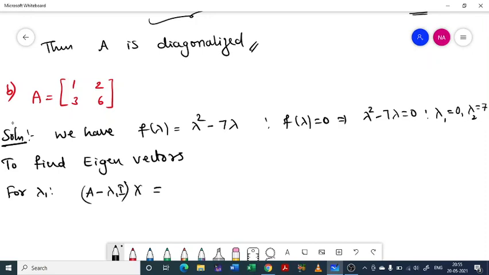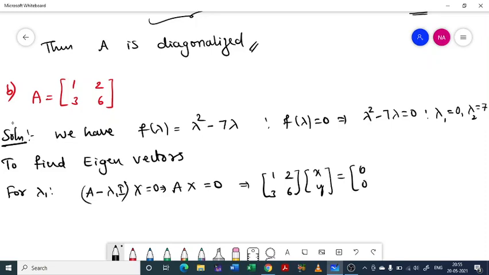But lambda 1 is 0, so that is Ax equal to 0, which implies 1 2 3 6 times x y equal to 0 0.